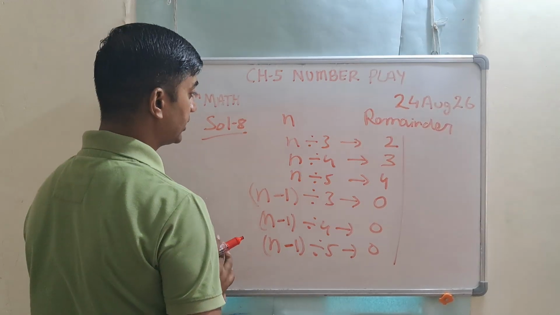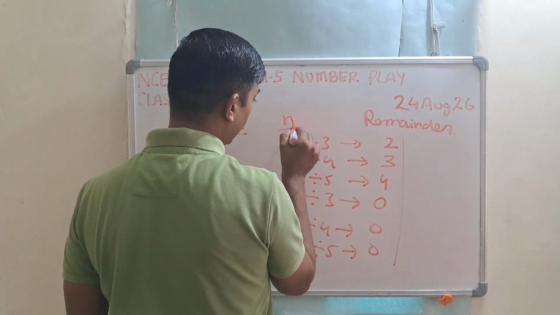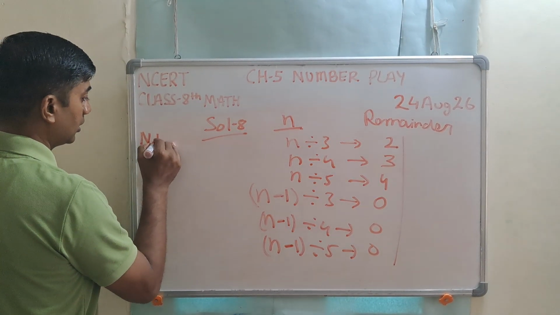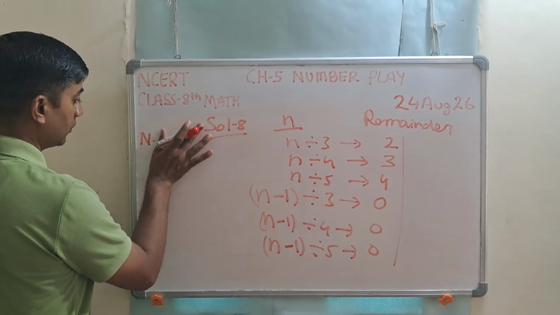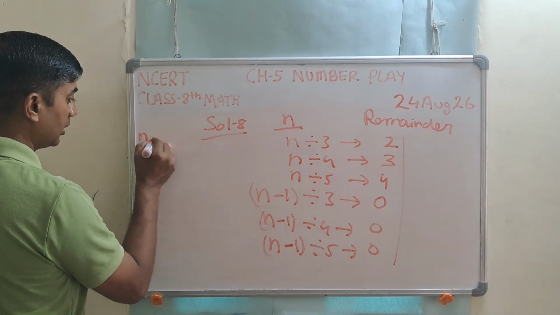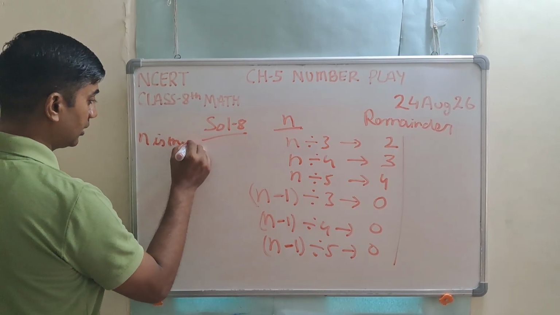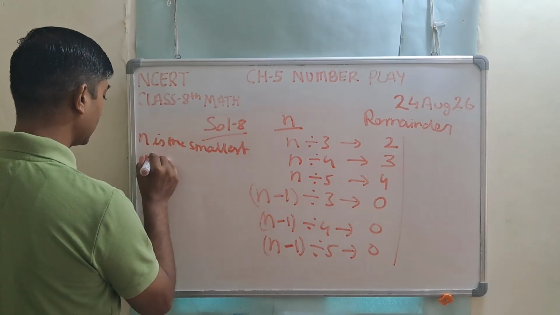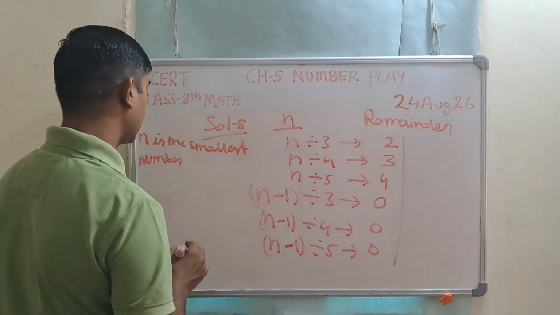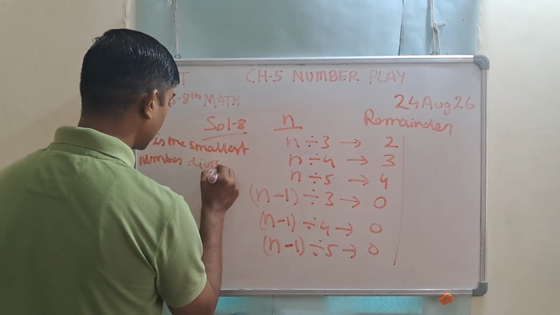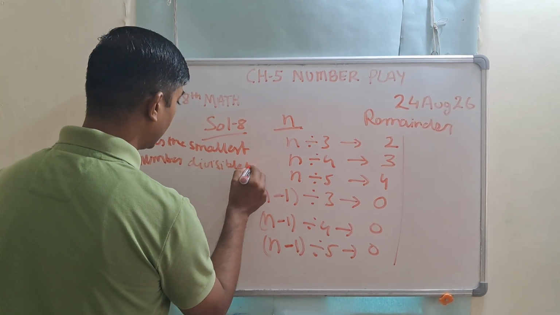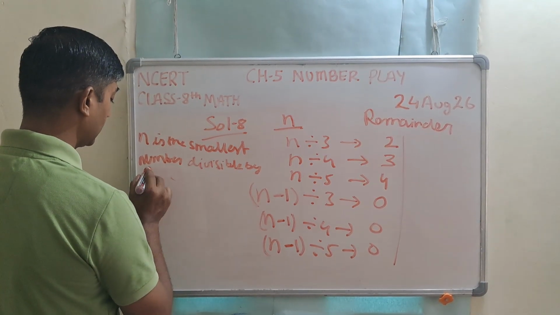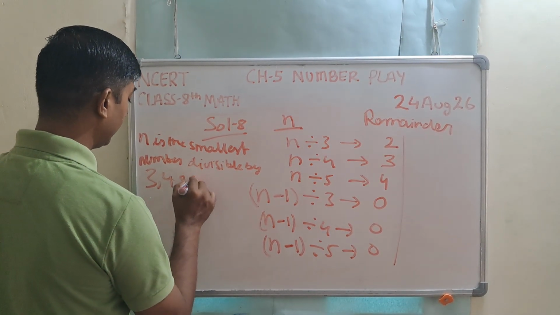What we have to imagine is that this particular n is what we have supposed, the smallest number divisible by 3, 4 and 5.